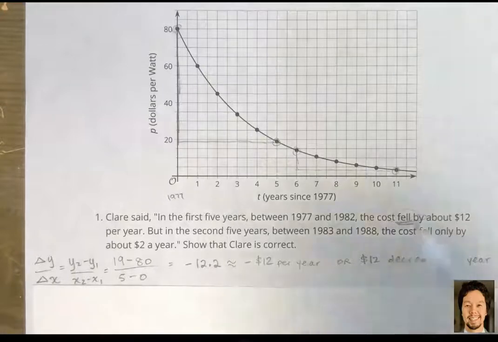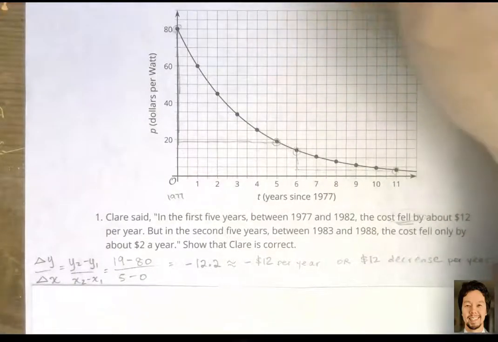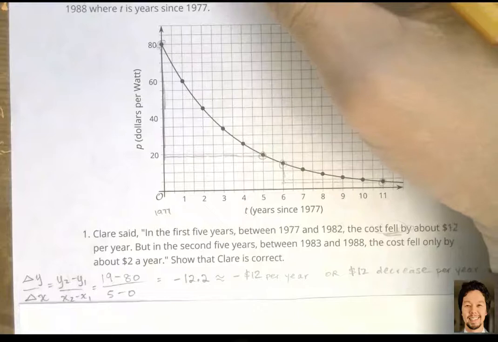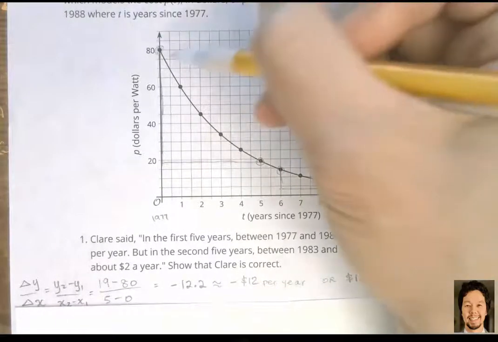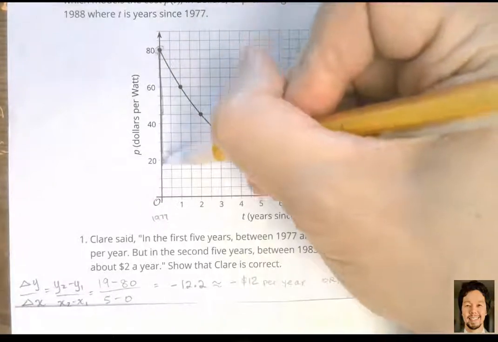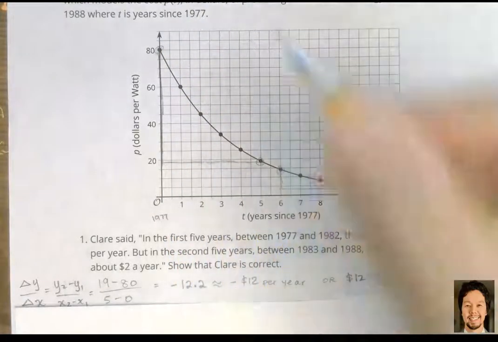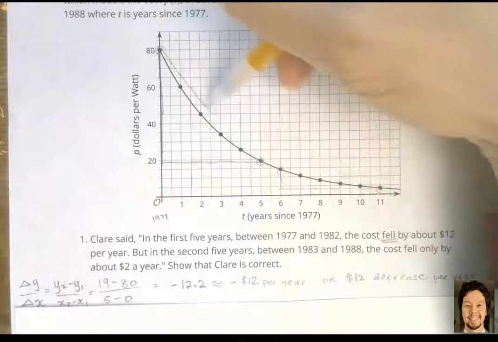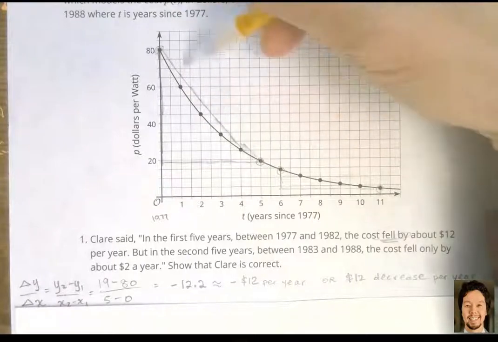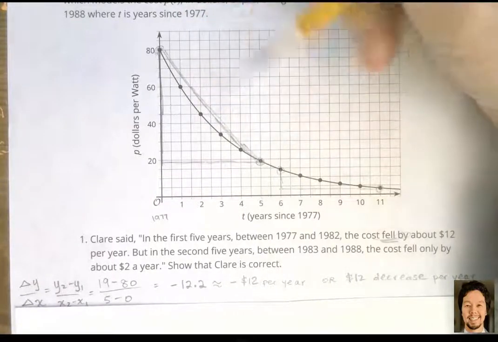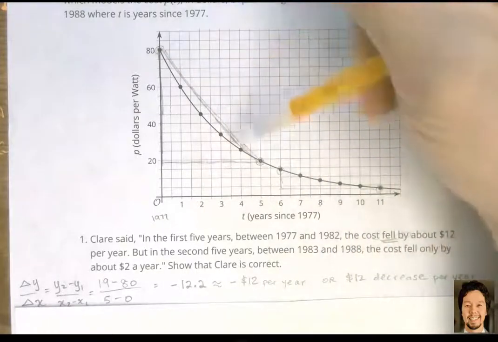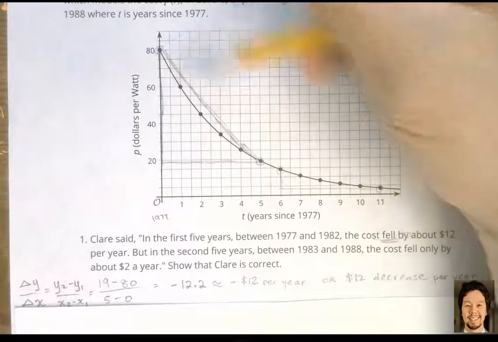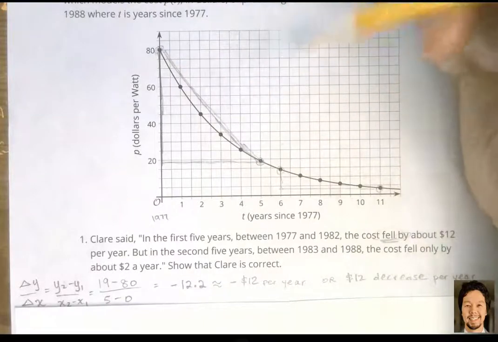So between here and here, I want you to think back to slope and slope triangles. So here's your rise, here's your run, here's our slope triangle. If I were to connect the dots with a straight line, then we have just calculated the slope, which is, again, your average rate of change.